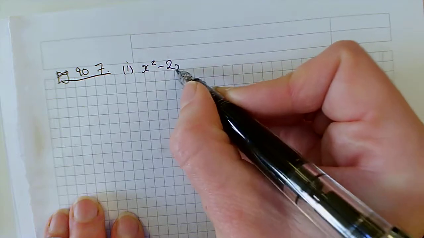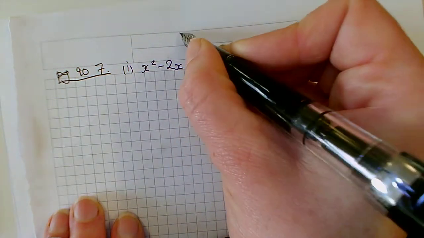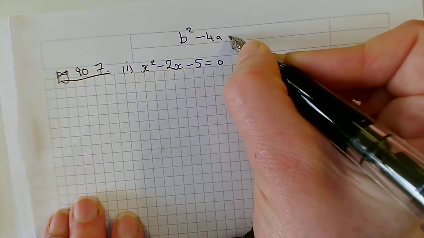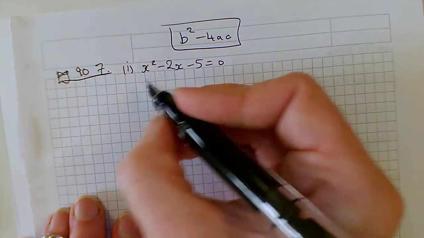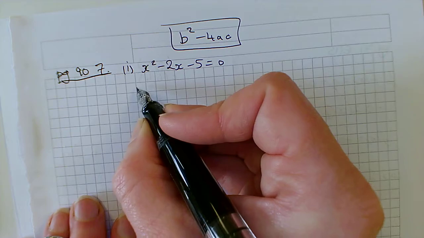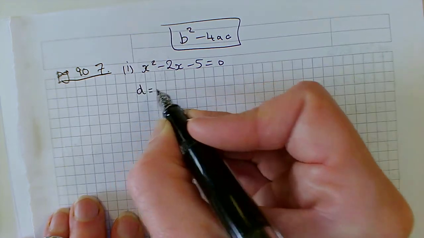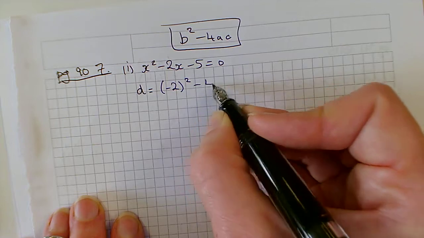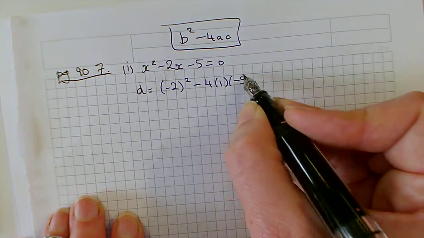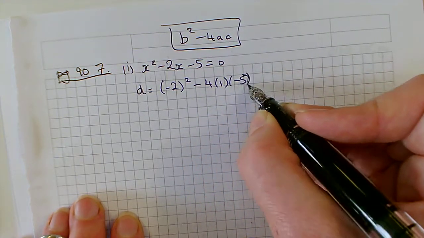So remember, the discriminant is b squared minus 4ac. That's what we're going to be using every time here. So the discriminant here, I'm just going to call it d, is going to be b squared, which is minus 2 squared, minus 4ac. Where are those numbers coming from?